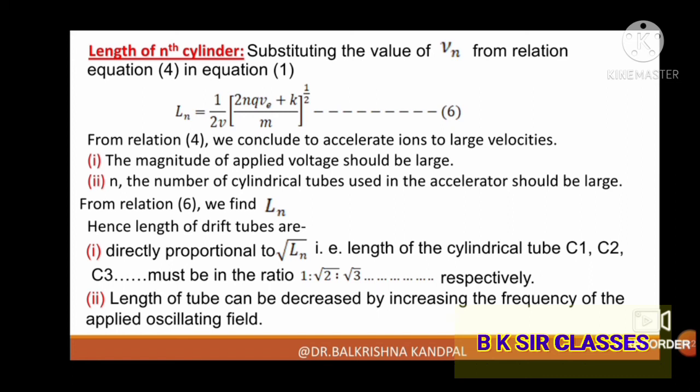From relation 6 we find that the length ln of the drift tubes is directly proportional to the square root of n, so the lengths of cylindrical tubes C1, C2, C3 and so on must be in the ratio 1 : root 2 : root 3 and so on. The length of the tube can be decreased by increasing the frequency of the applied oscillating field.